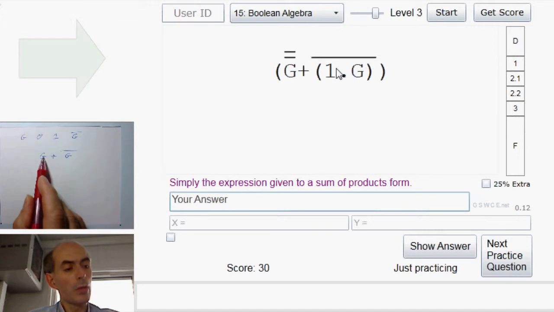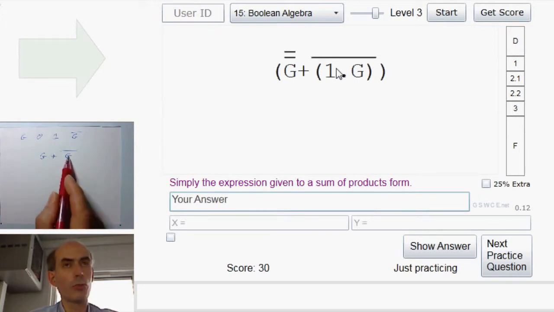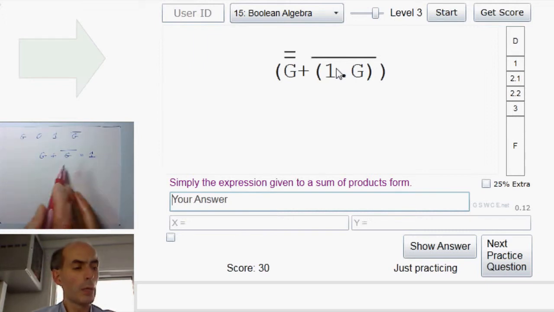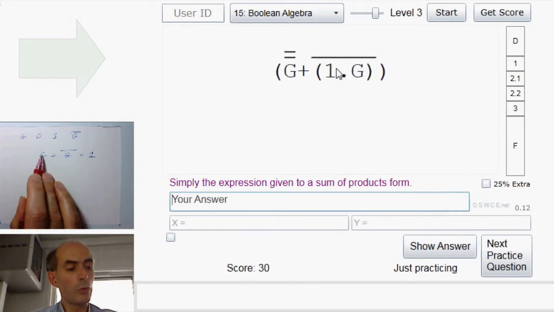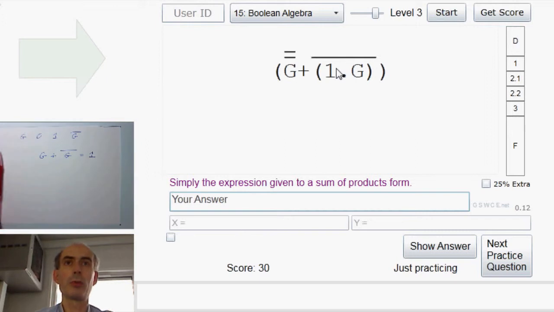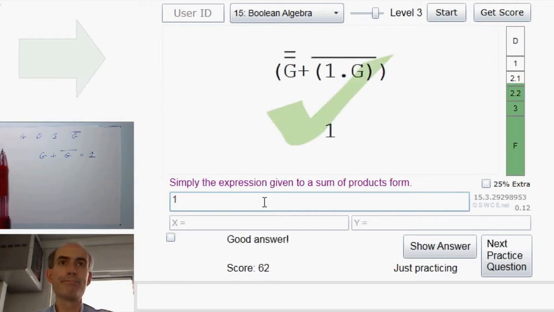And we have g or not g. Well, it doesn't matter what g is. G or not g is always equal to 1. Because if g is 1, that would be 1 or 0, which is 1. And if g is 0, that would be 0 or 1, which is also 1. So this just simplifies down to 1.